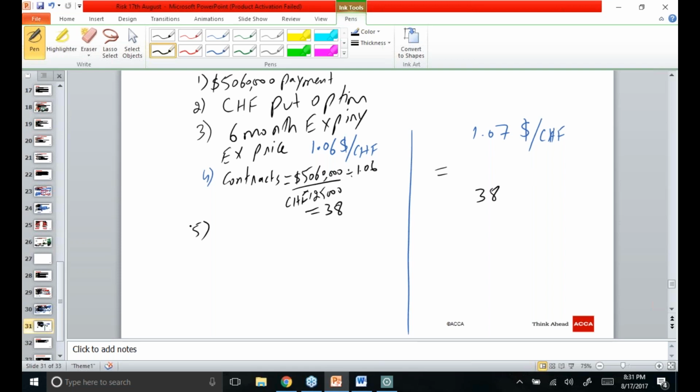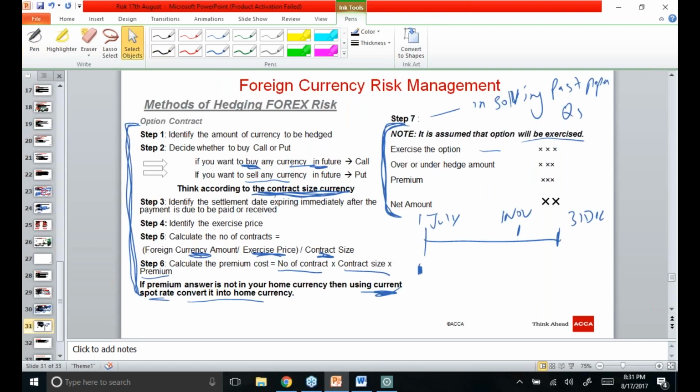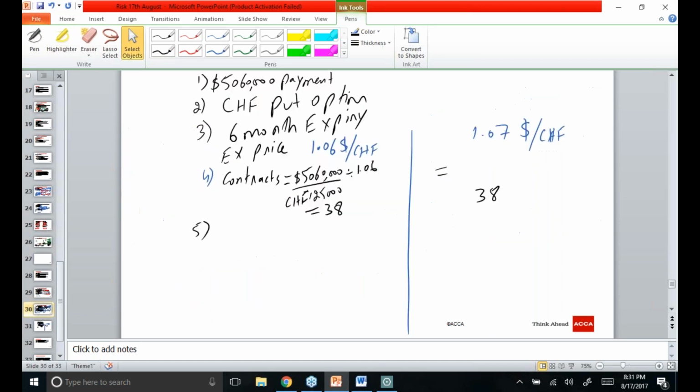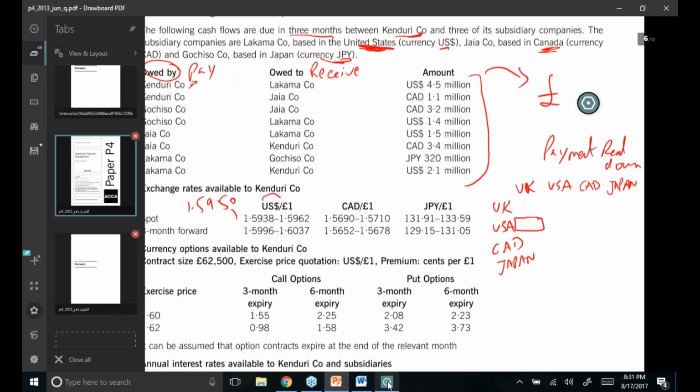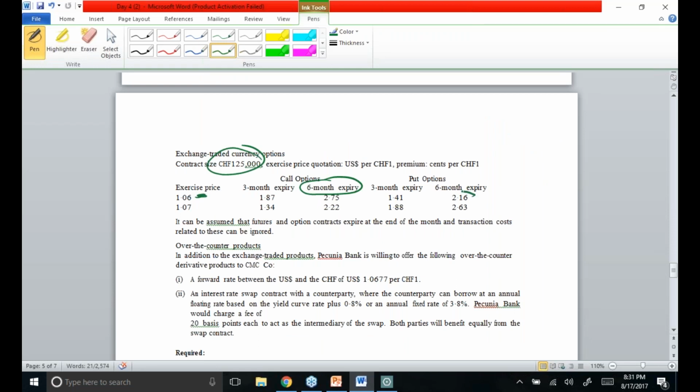Next is the premium. Calculate premium cost, that is number of contracts times contract size times premium. The number of contracts is 38. Contract size is 125,000 CHF and the premium at 1.06 put option is 2.16.